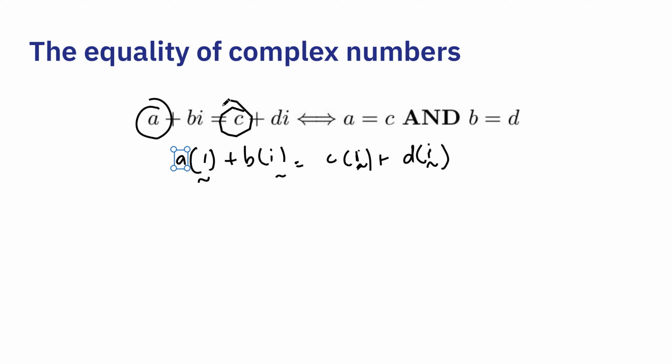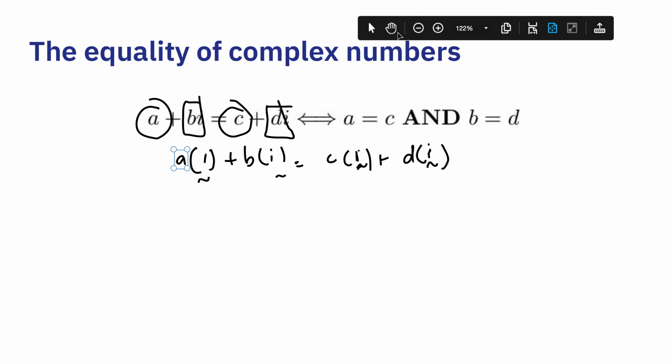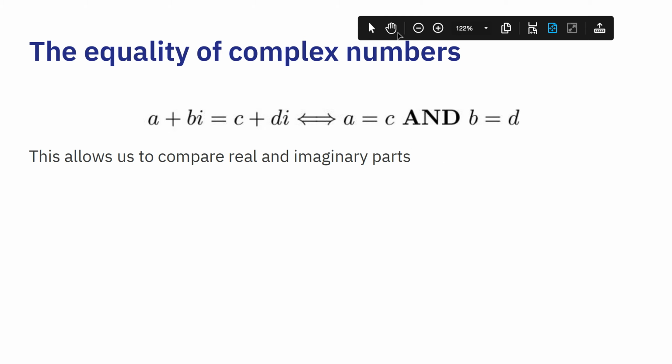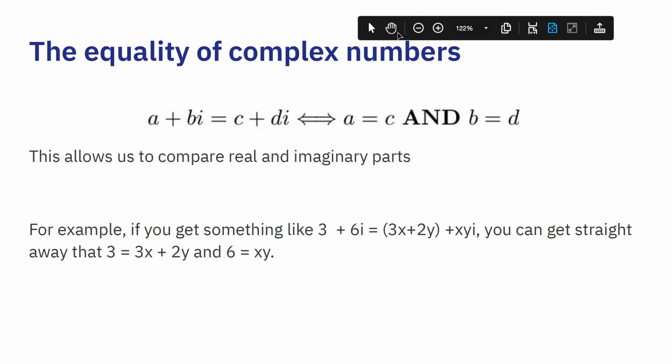So a equals c, and b equals d. This allows us to compare real and imaginary parts. For example, if we have this over here, we can instantly compare the real parts to get 3 equals 3x plus 2y, and 6 equals xy.